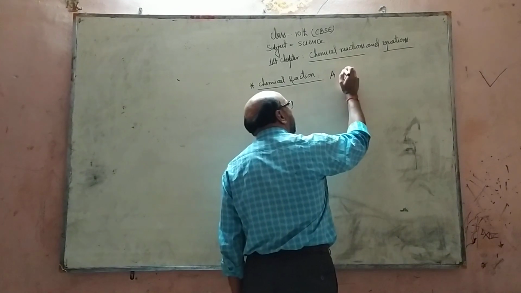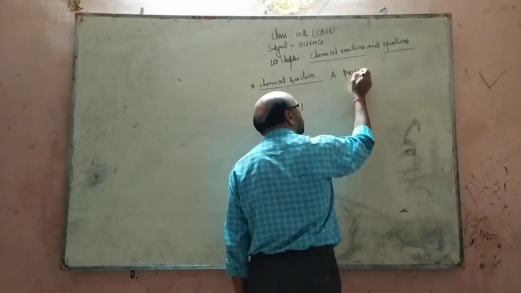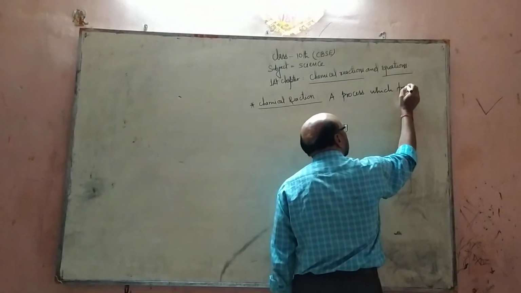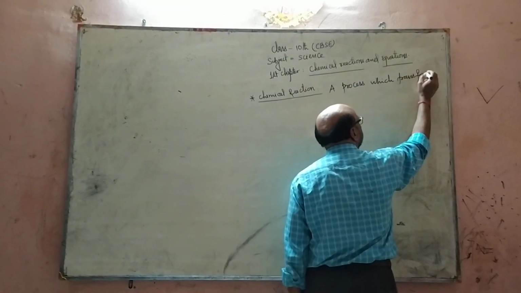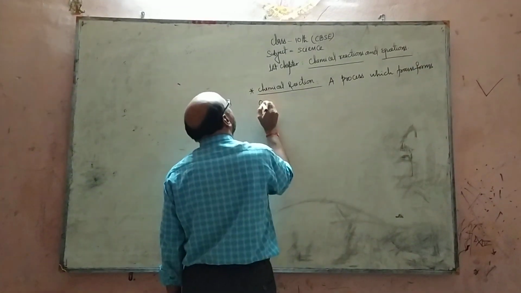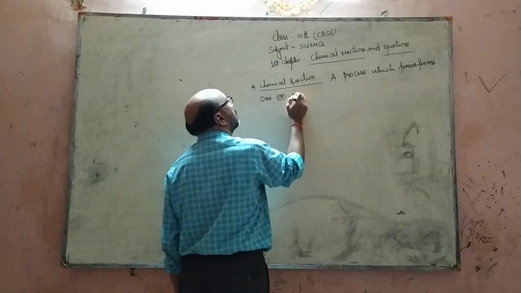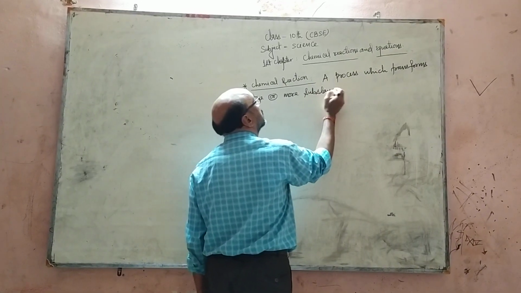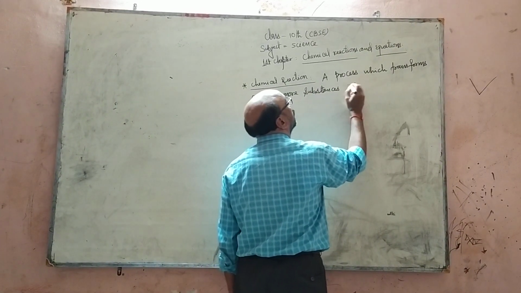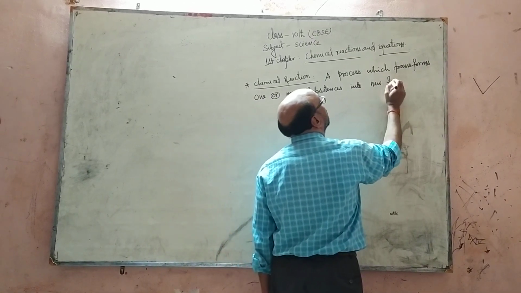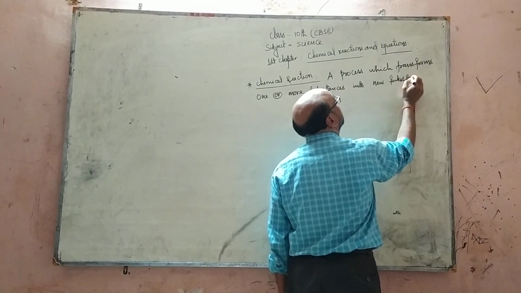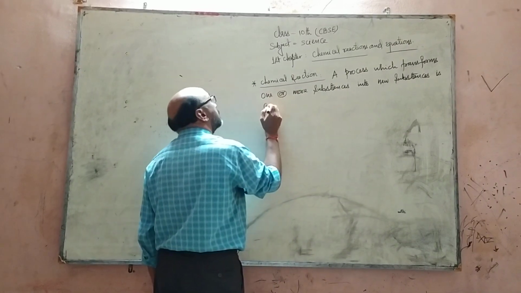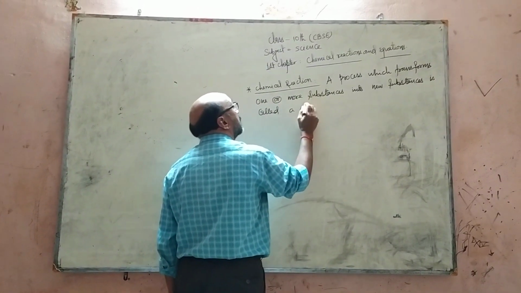Chemical reaction we can define like this: a process which transforms one or more substances into new substances is called a chemical reaction.